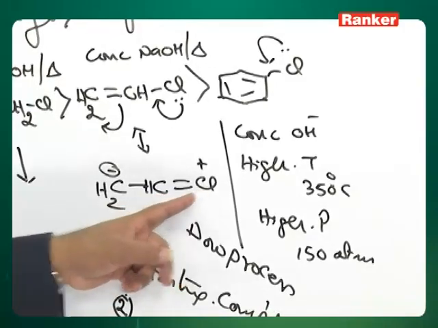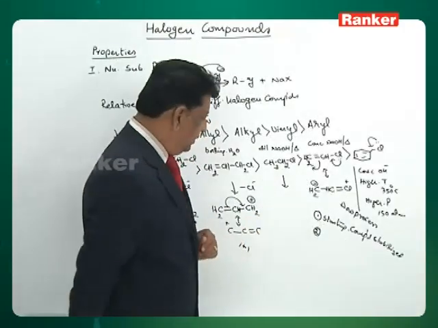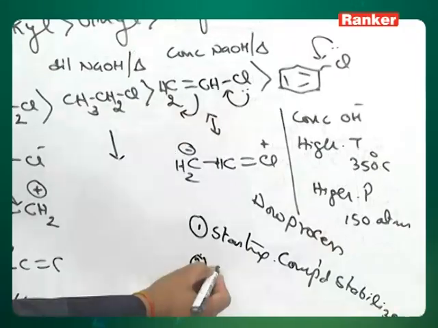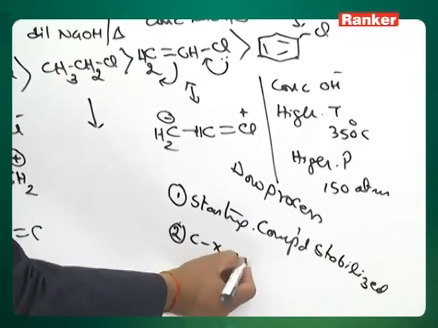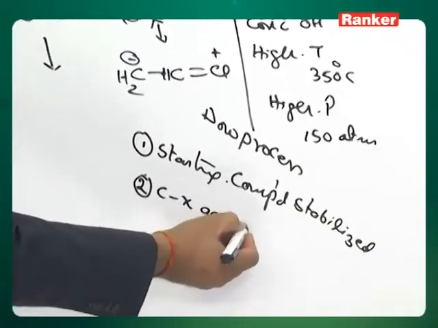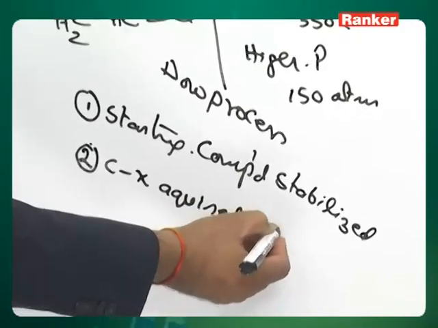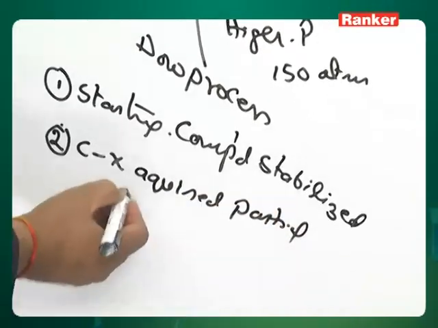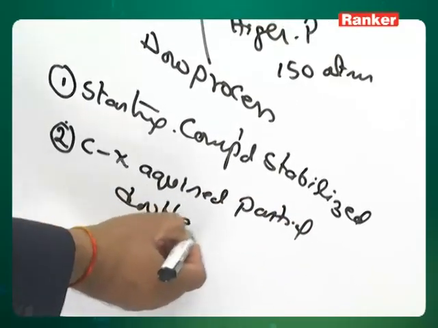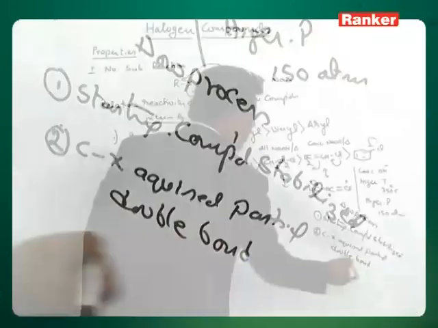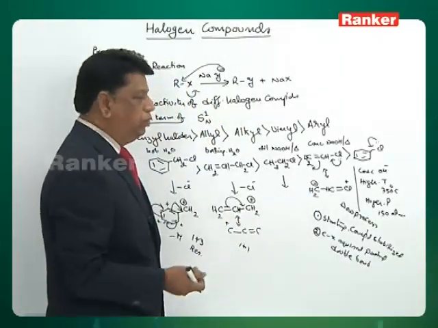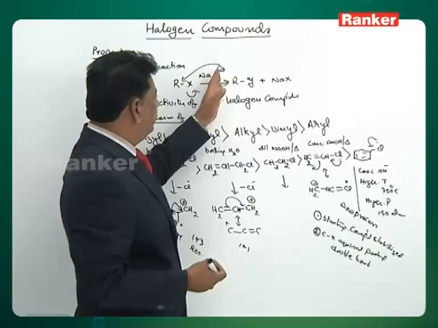But if it becomes a double bond, it is difficult to replace. So therefore the C and X acquire a partial double bond nature.